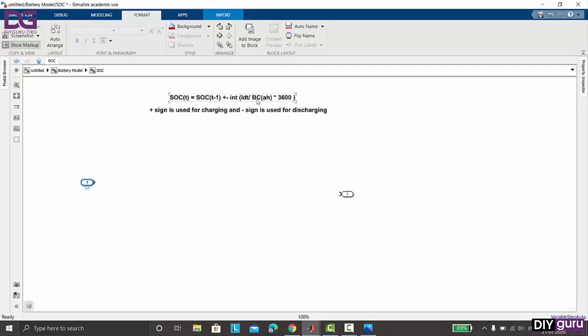So here we require two inputs: battery capacity and current. Name them as current and battery capacity in ampere hours.